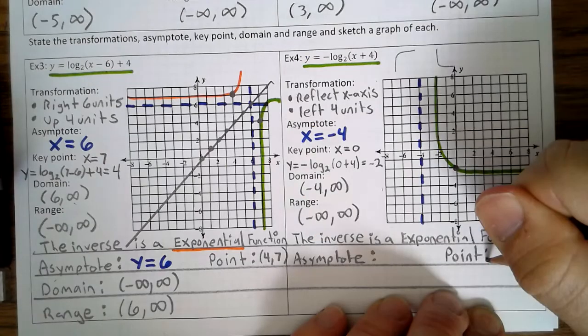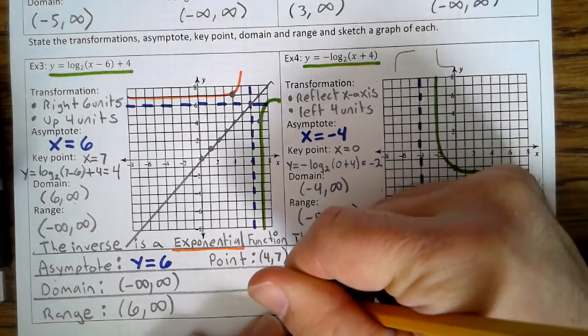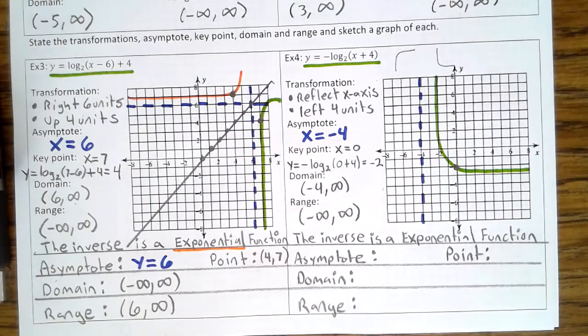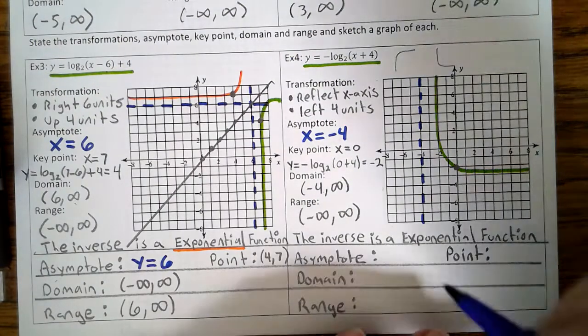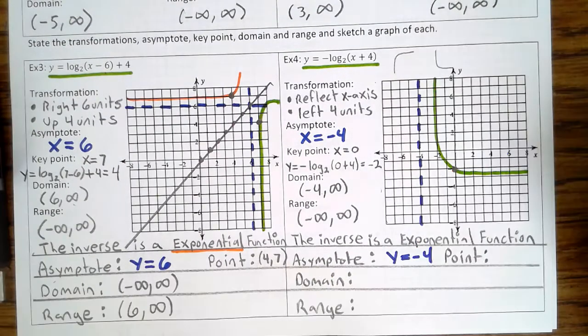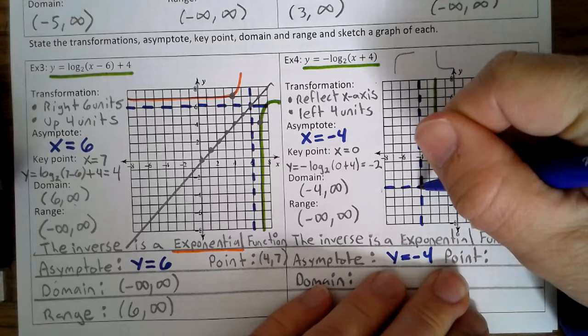Now, if the asymptote was x equals -4, we know that it's now y equals -4. The point was (0, -2). Now it's (-2, 0).